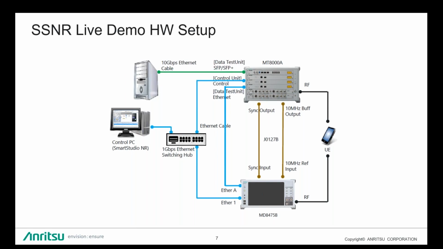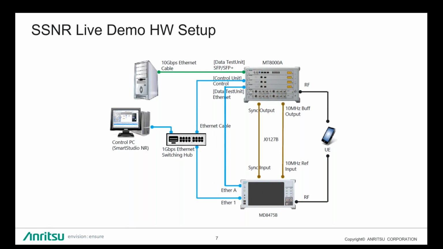There are a few sync and output buffers connected between the two call boxes. You may have recognized this as well from the previous demo with the MT8821 and the MT8000 for RF measurements.